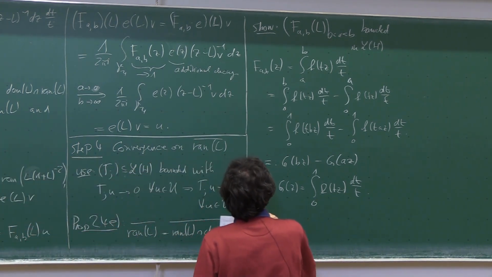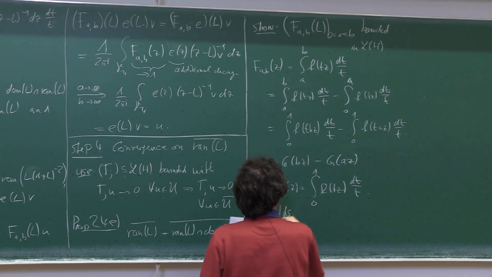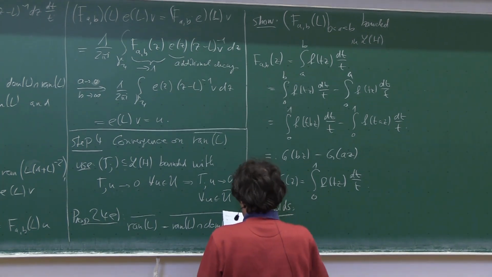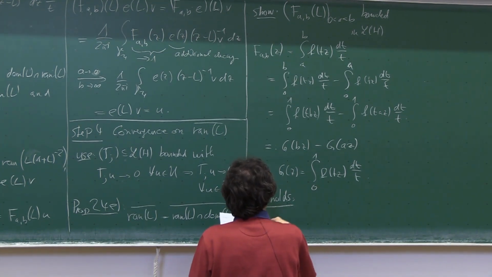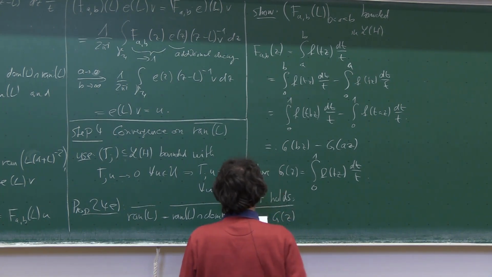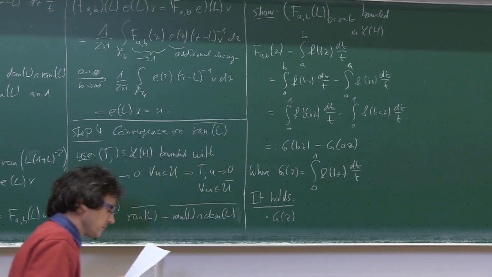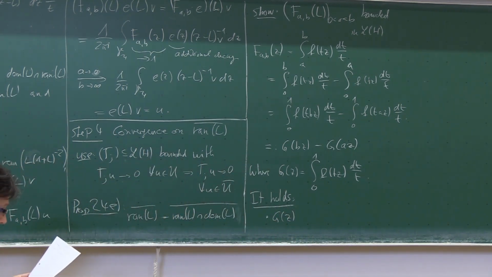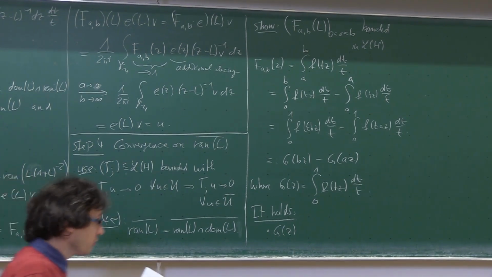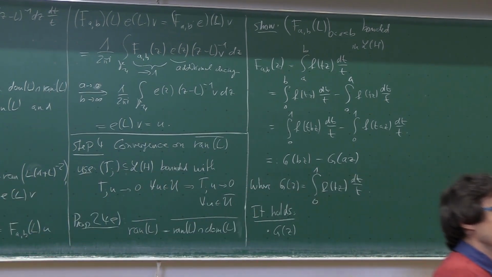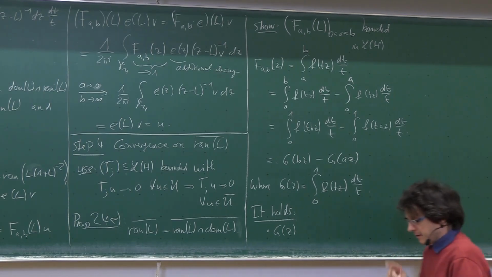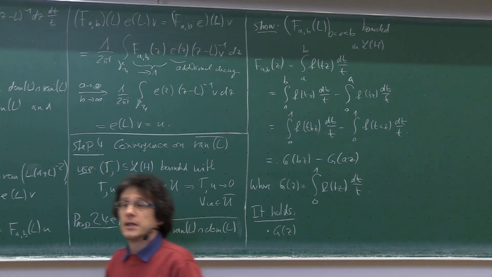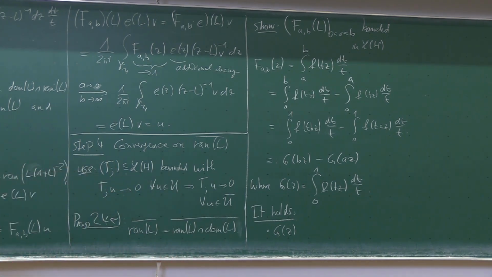Okay, so what happens? First, what I will prove is that this function g is in the Dunford-Rees class. This is an exercise in the chapter 5 lecture notes.